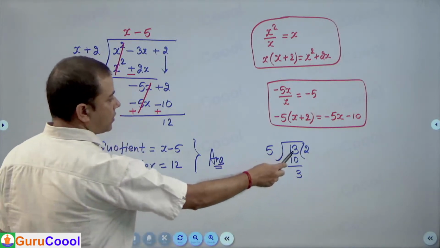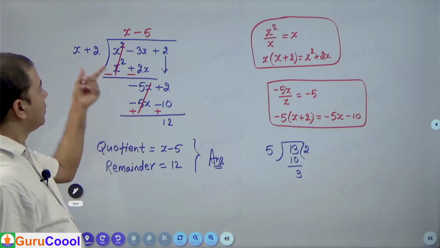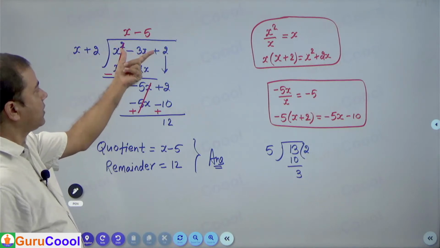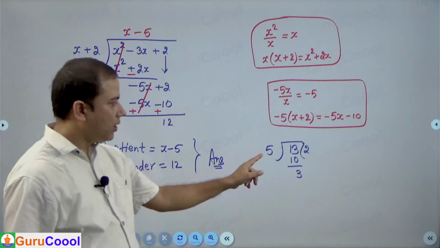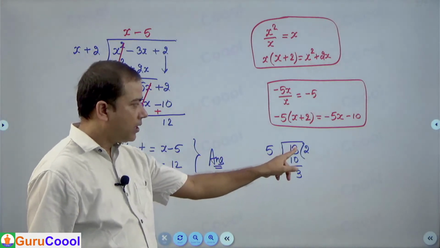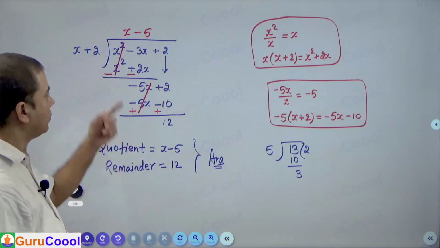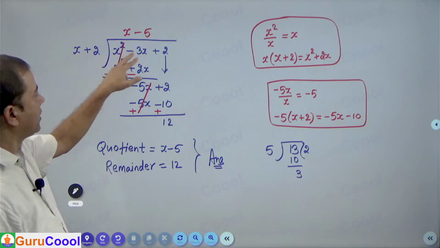And 13 is not a multiple of 5. Here also remainder is not 0. So x plus 2 is not a factor of this, and this is not a multiple of this. Same here, x plus 2 is not a factor of this.